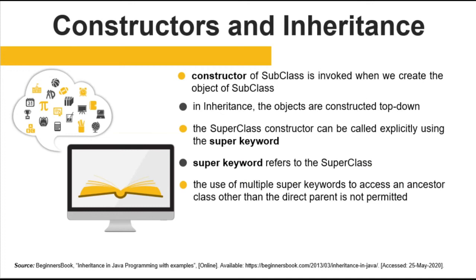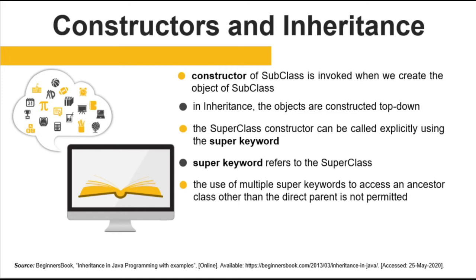Constructors and inheritance. The constructor of a subclass is invoked when we create the object of the subclass. It by default invokes the default constructor of the superclass. Hence, in inheritance, the objects are constructed top-down, meaning starting from the root class constructor down to its subclasses.